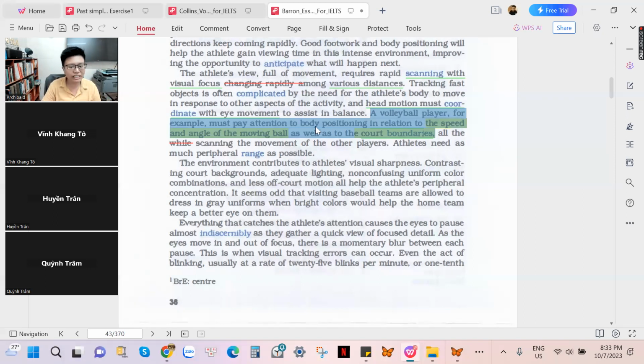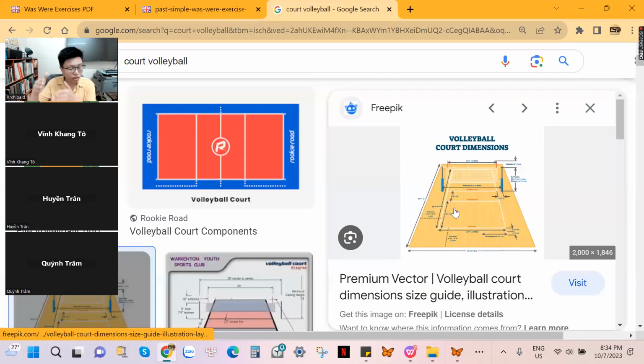So when he positions his body, he needs to depend on the speed and the angle of the moving ball. And when he pays attention to the ball, he also focuses on the court, the rectangular shape of the court. Because if he only looks at the ball and follows it and gets out of the rectangular shape of the court, he's going to lose.